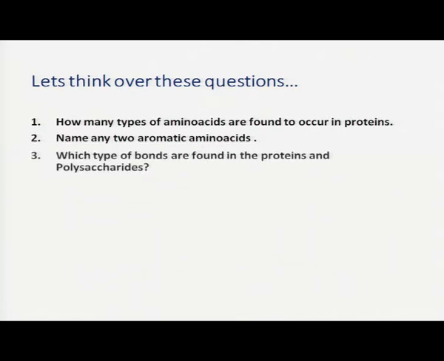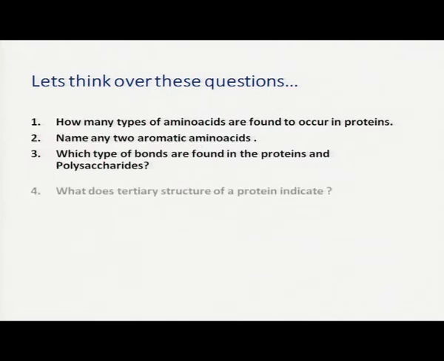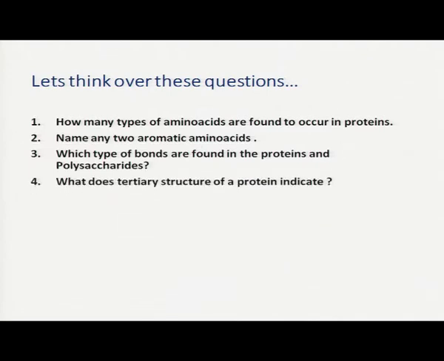Question number 3, which type of bonds are found in the proteins and polysaccharides? Fourth question was, what does tertiary structure of a protein indicate? And last question, why is chitin also called fungus cellulose? Now, I hope you will be able to answer these questions, because they are related to my previous class. Now, let us see the questions first.